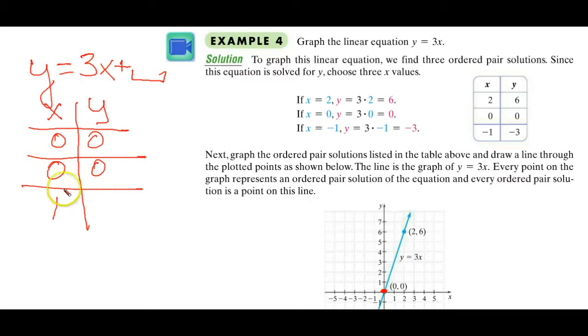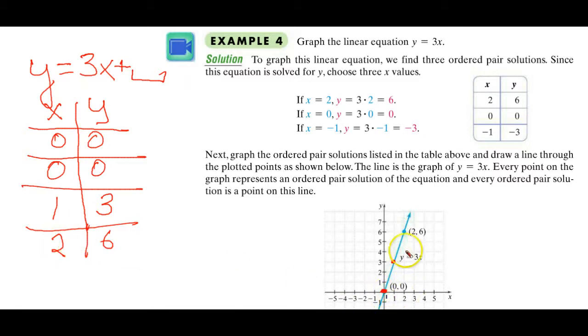3 times 1 makes this a 3. So now we can go over 1, up 3, which is right there. Now if we made that a 2, we would have this as a 6.